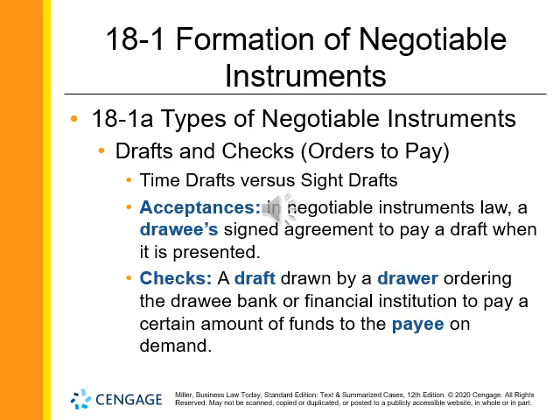Checks: a draft drawn by a drawer ordering the drawee bank or financial institution to pay a certain amount of funds to the payee on demand. Checks are the most common type of draft. And obviously, unlike a time draft, which is only payable at a certain definite future time, checks are by definition sight drafts.